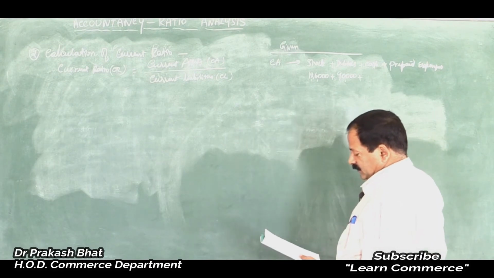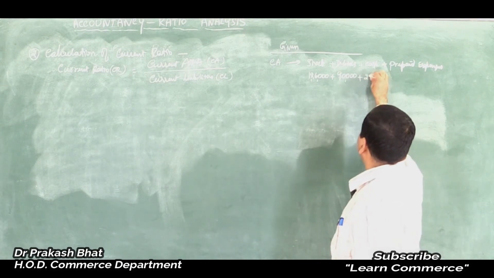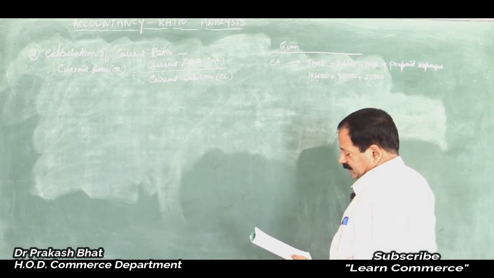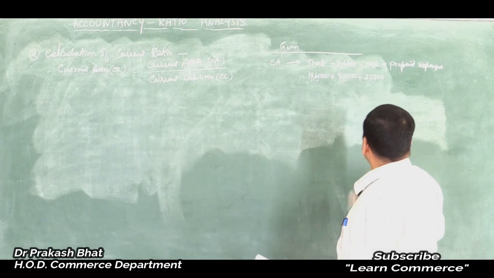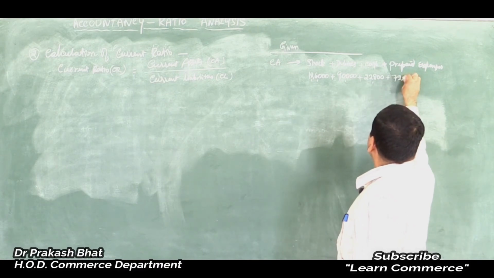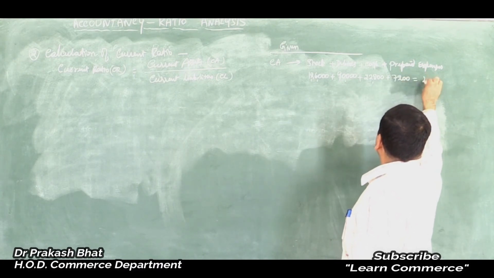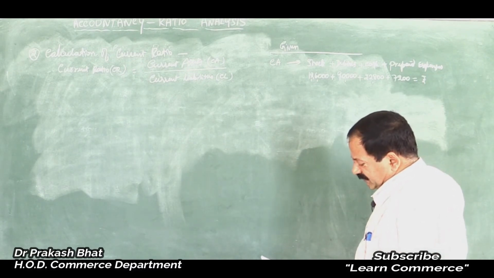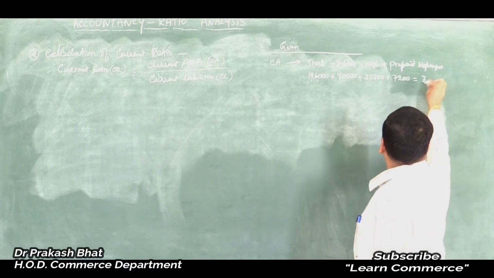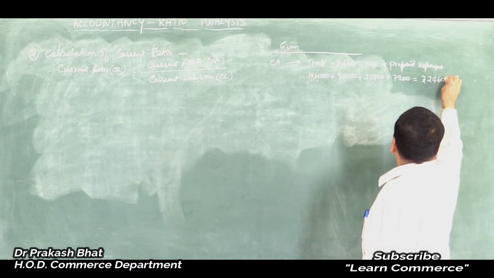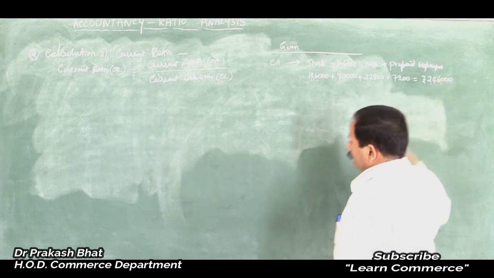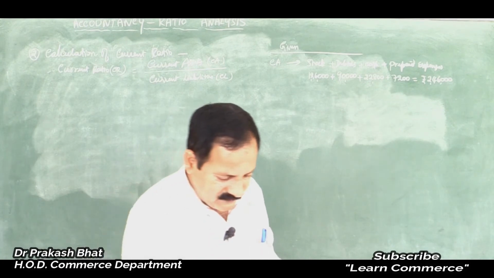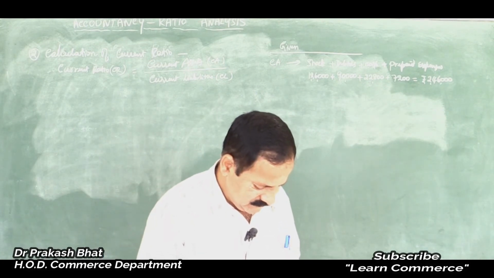Then 22,800 cash, and 7,200 prepaid expenses. It is equal to rupees how much? 2,46,000, is that correct? 2,46,000. Yes, it is.